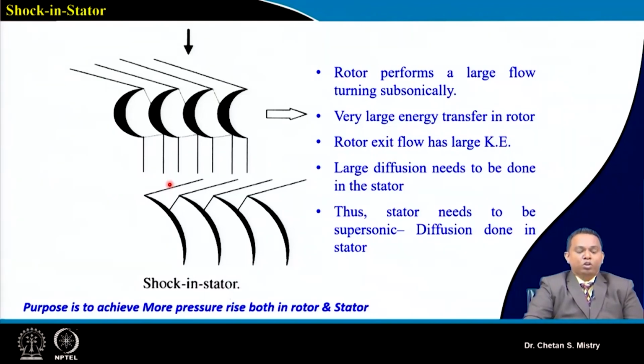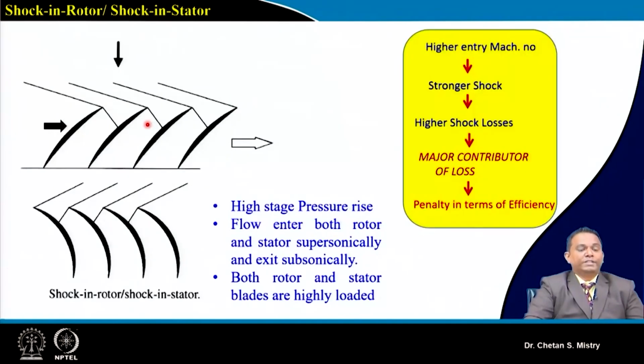Now here in this case, the whole diffusion is expected to be done by the stator. In order to achieve high pressure rise in both rotor and stator, this kind of configuration is used. This is representing shock in rotor and shock in stator configuration. So when we are expecting our pressure rise to be large, and we are expecting higher performance of our compressor, then this kind of configuration is used.